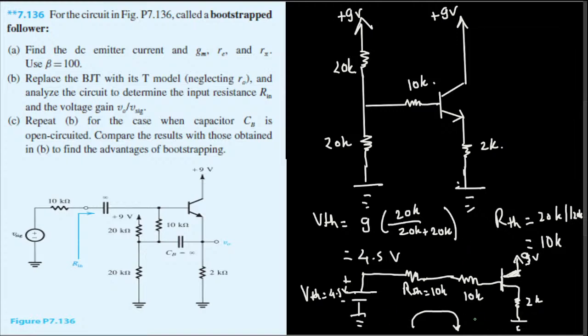If we do the KVL, we can find the base current, and at the same time we can find the emitter current as well. If we find the emitter current, that will allow us to find the collector current, because that's what we need to calculate gm.